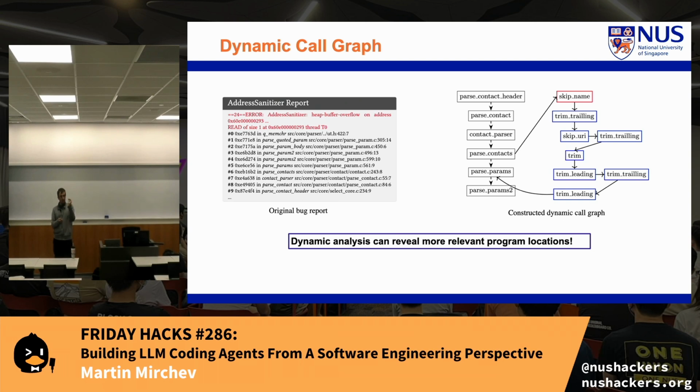Some of the common programs that are fuzzed are really file processing programs like image processing, audio processing. Those have a lot of setup which may not be seen from the stack trace itself. So that's where having the dynamic call graph provides better signal compared to just trying to use spectrum-based fault localization.